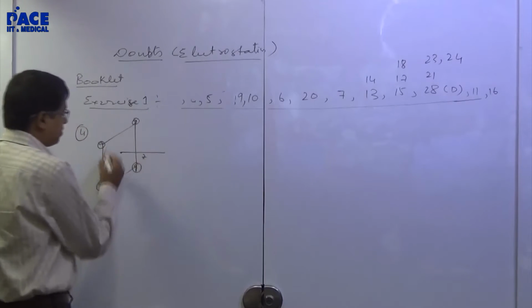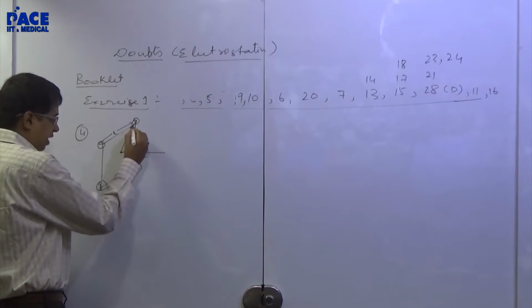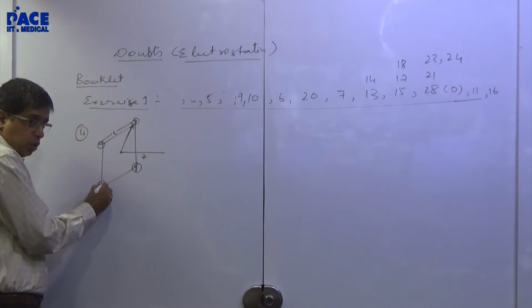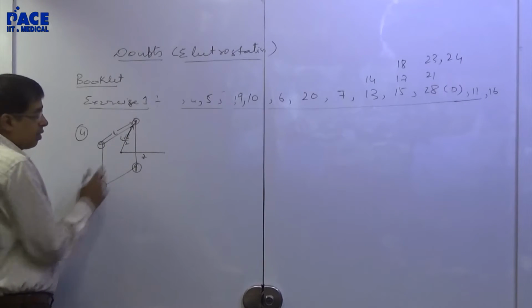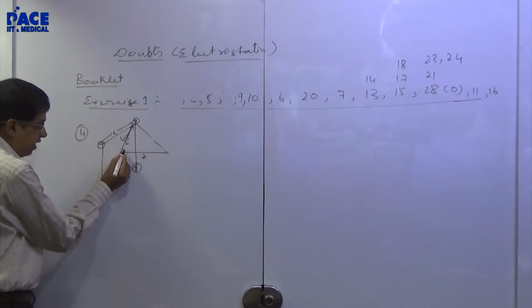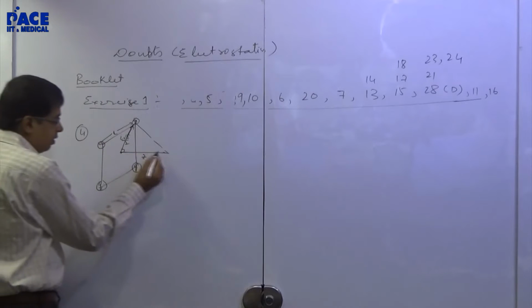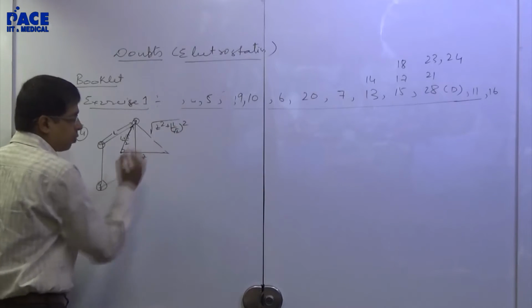Now this will be the Z axis, this will be of side L. The total diagonal will be L root 2, so half of it is L root 2 by 2. Now this will be 90 degrees. This distance will be under root Z square plus L by root 2 whole square.